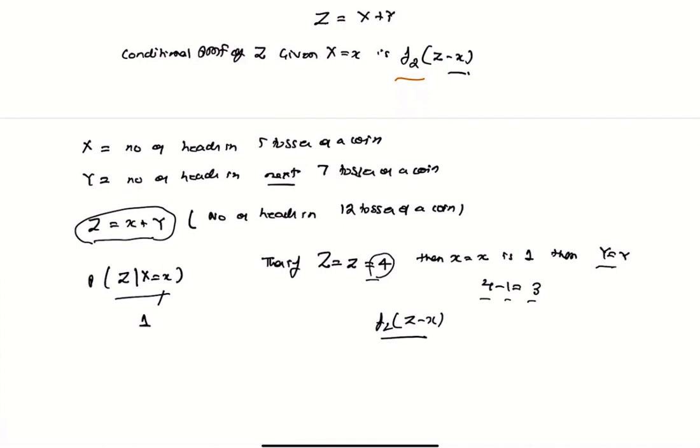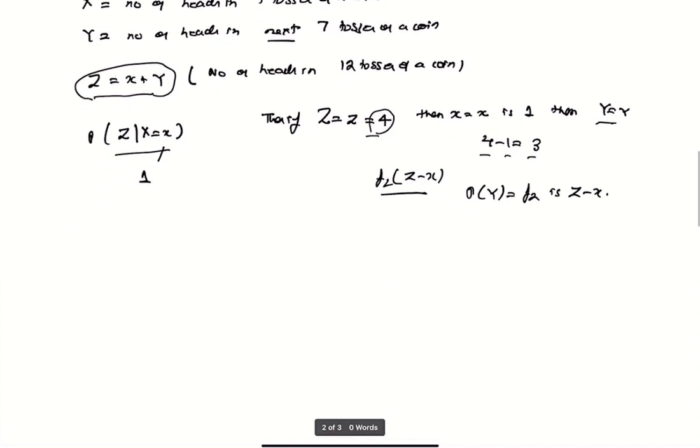So probability of Y, that is f2, is z minus x.